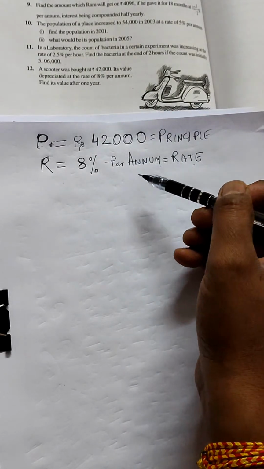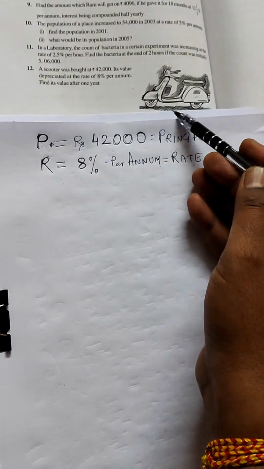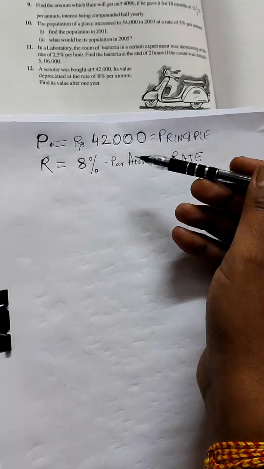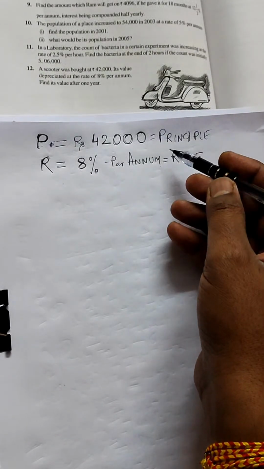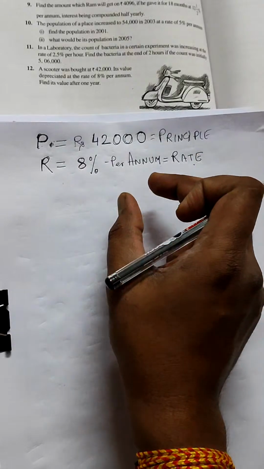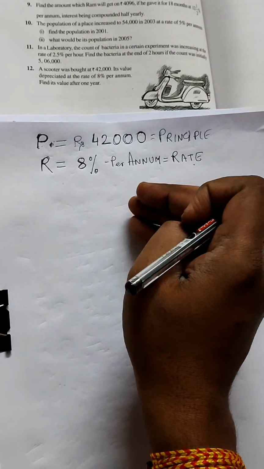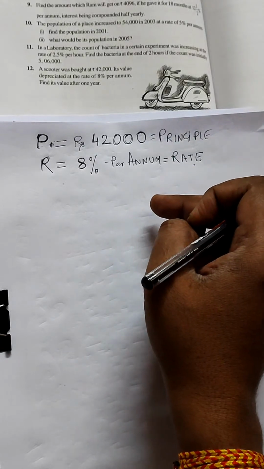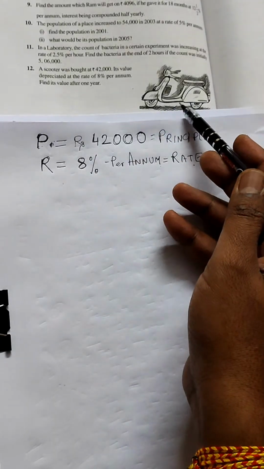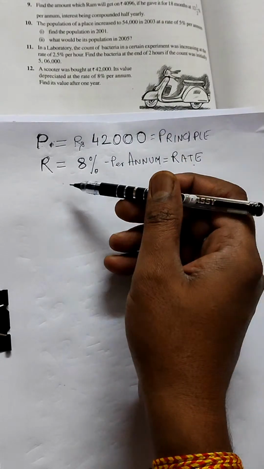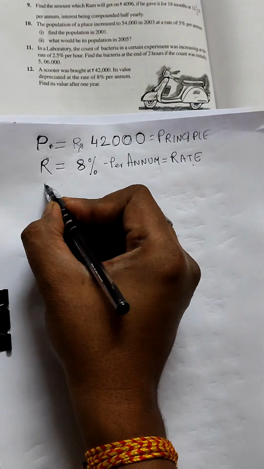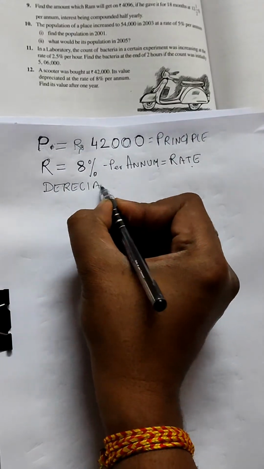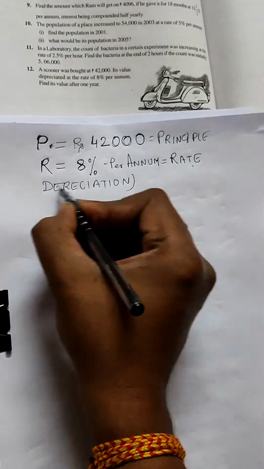And if you are taking a loan from a bank, the bank will be charging some rate of interest from you. If you are saving your amount in a bank, it will give you appreciation. But if you are purchasing something, here a scooter, then there will be a depreciation. So this is the rate for the depreciation.